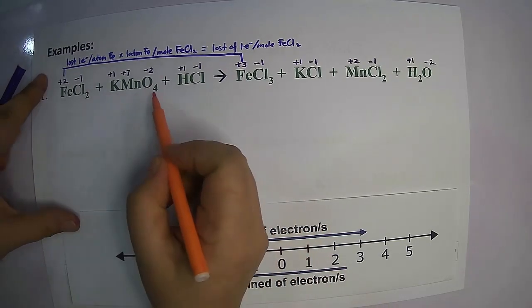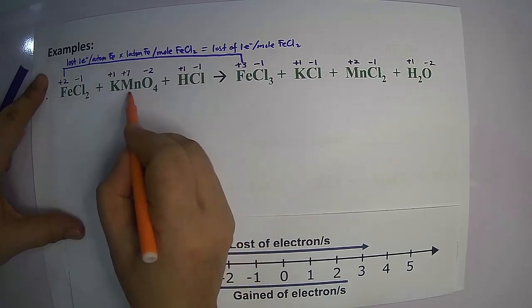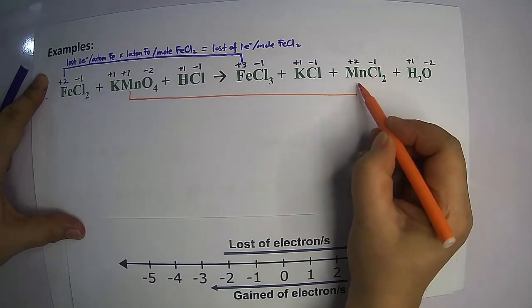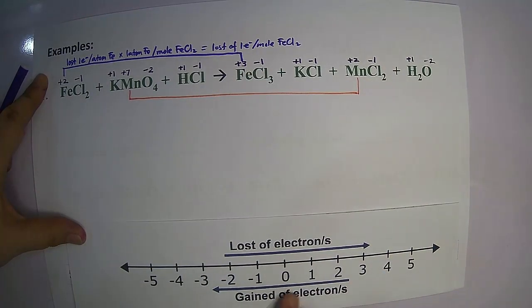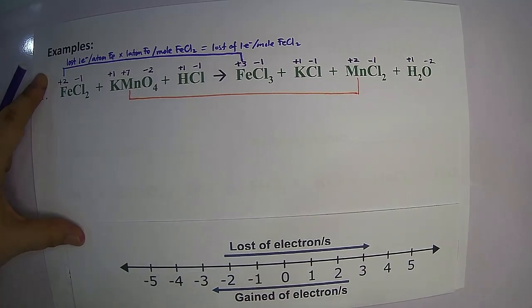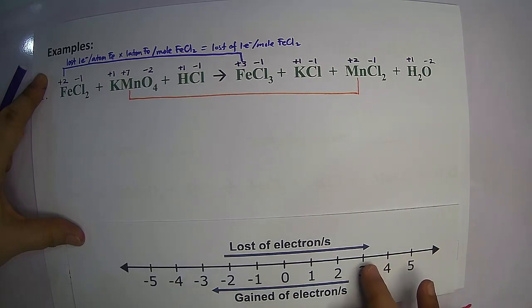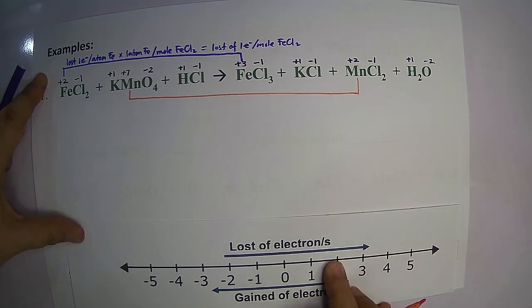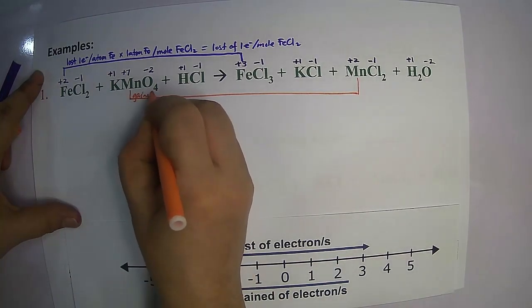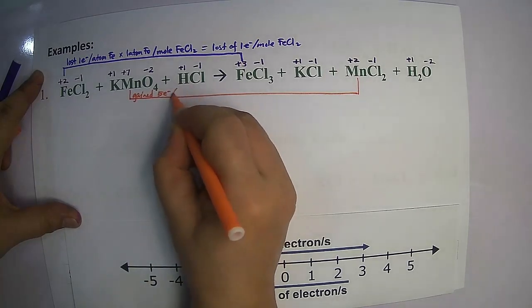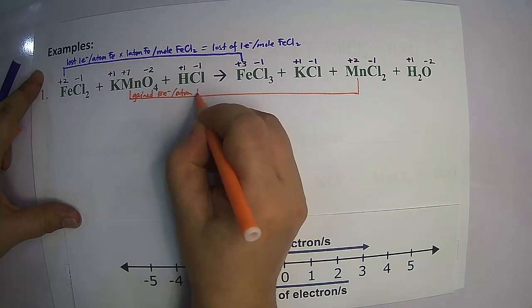And here we can pinpoint that with your manganese from positive 7 to positive 2, going towards the left side of your number line. Counting 1, 2, 3, 4, 5, there is a gain of 5 electrons by manganese, so manganese gains 5 electrons per atom of manganese.